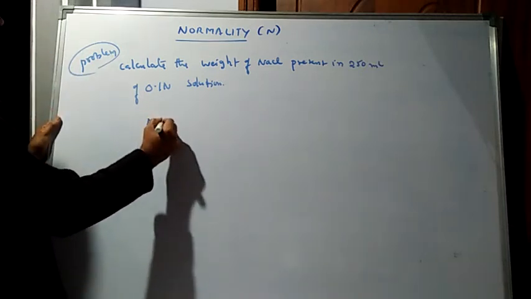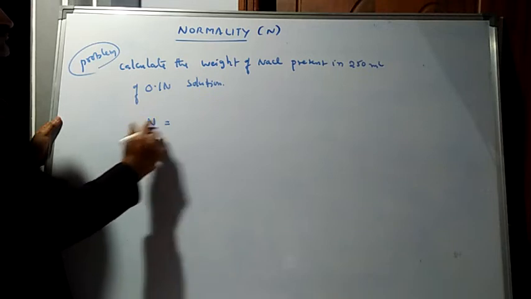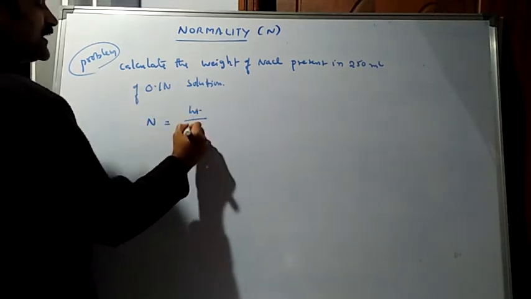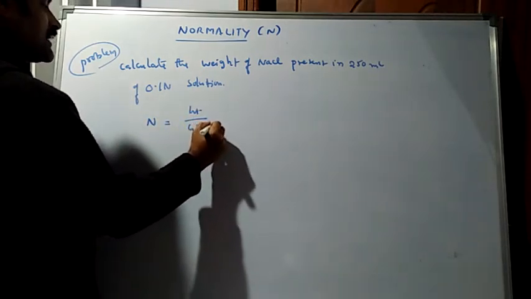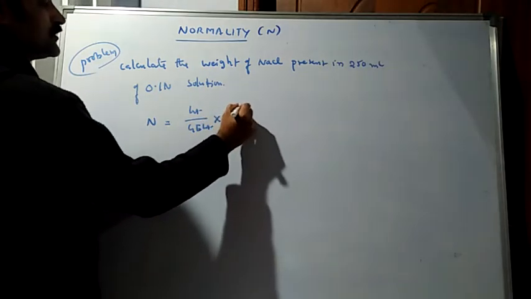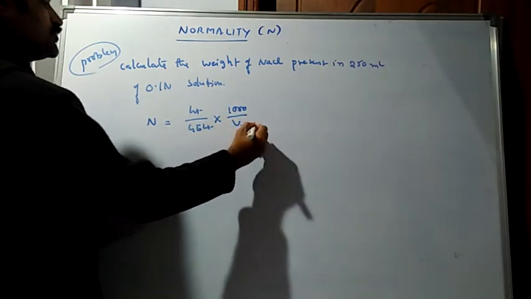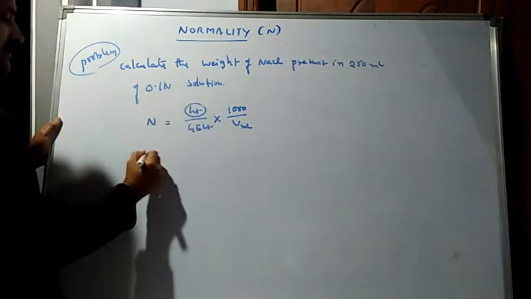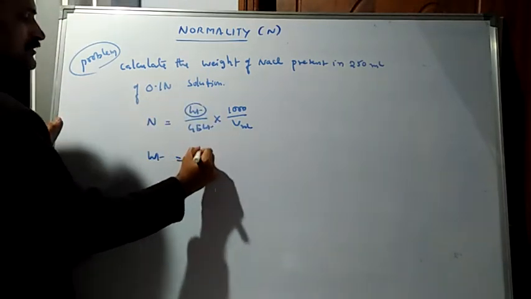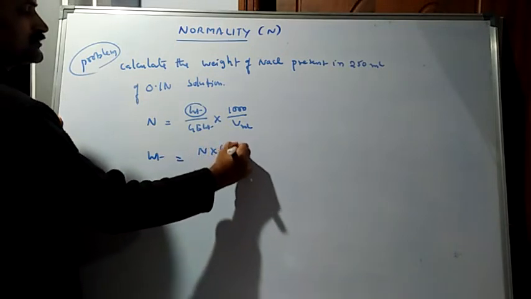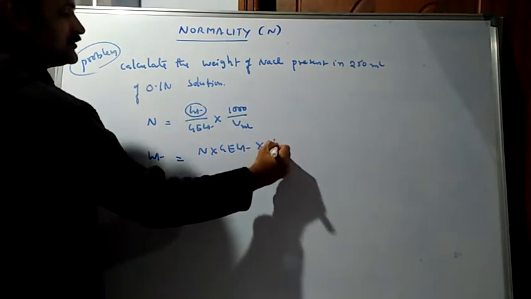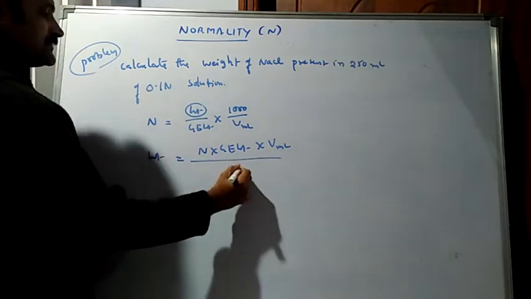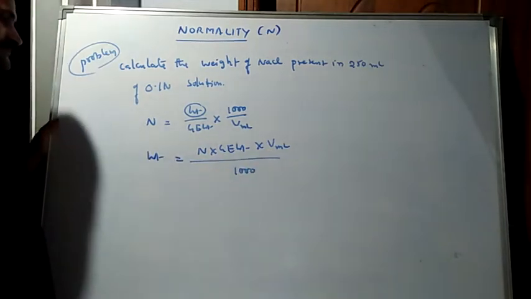But what is normality? The formula we have is weight by gram equivalent weight into 1000 by volume of the solution in ml. In this we have to find the weight. So weight is equal to normality into GEW into volume by 1000.